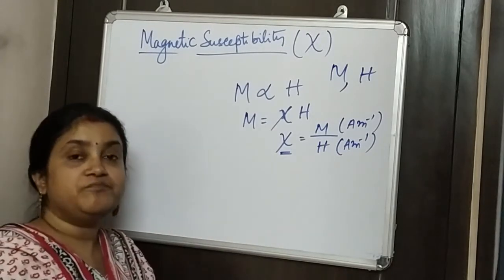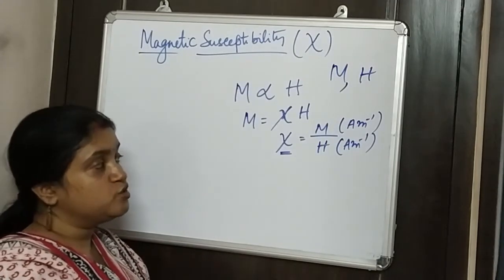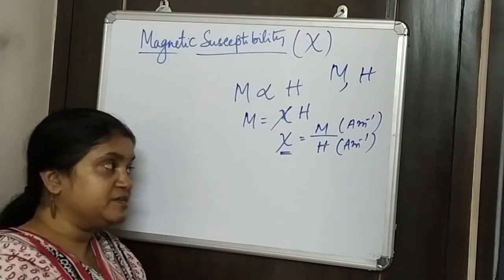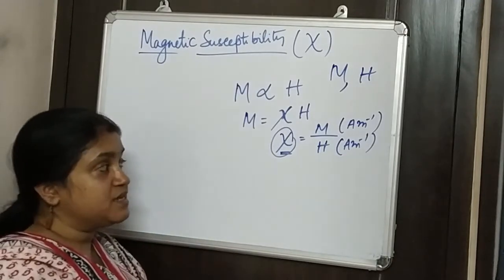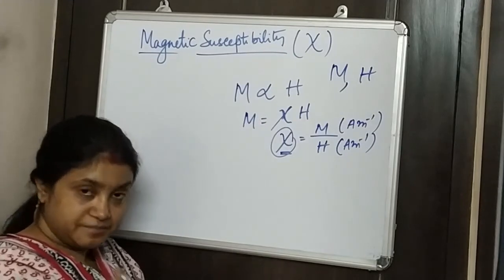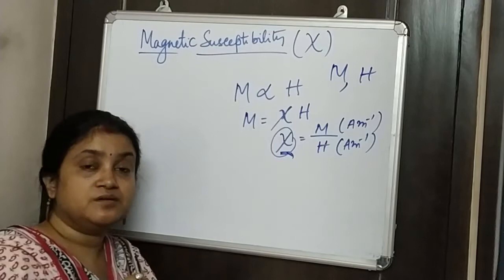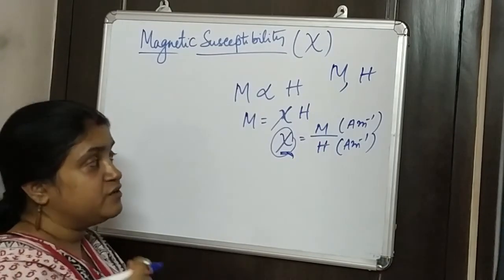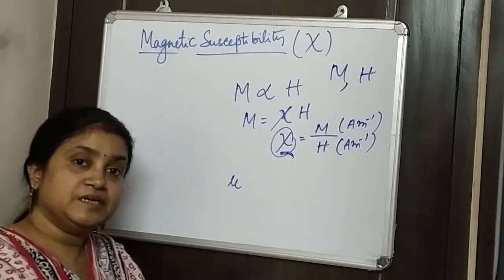The value of magnetic susceptibility tells us something about the property of such material. It means that if the value of chi is very high, the material gets magnetized very easily. So that's how it's a very important property of the material. Now, as we know, mu is the permeability.